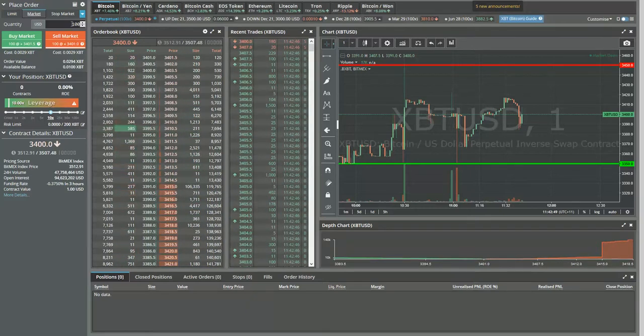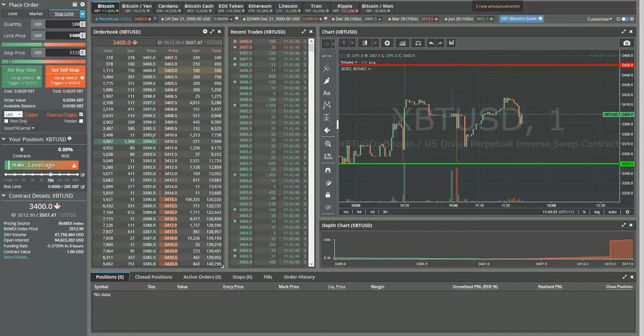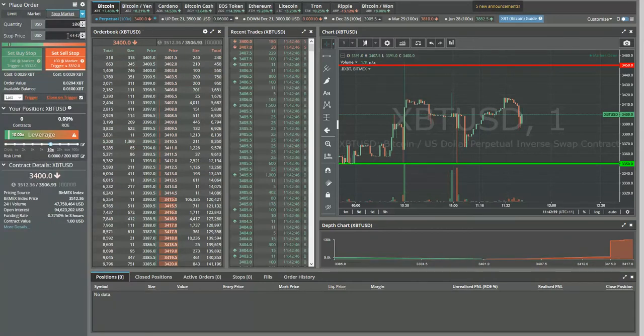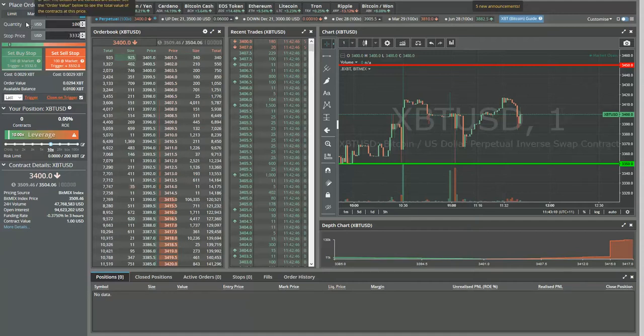Now the whole idea with stop limits is that you get paid a maker fee. You can also put what's called a stop market on, but you pay a taker fee. So this is going to be about stop losses in general, but we're going to go over stop limits and stop markets as well. They're two different things.